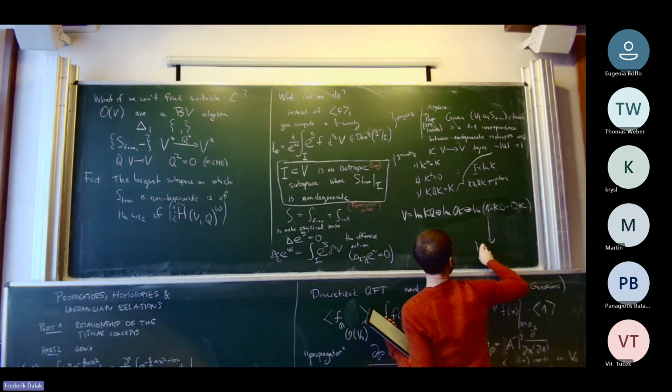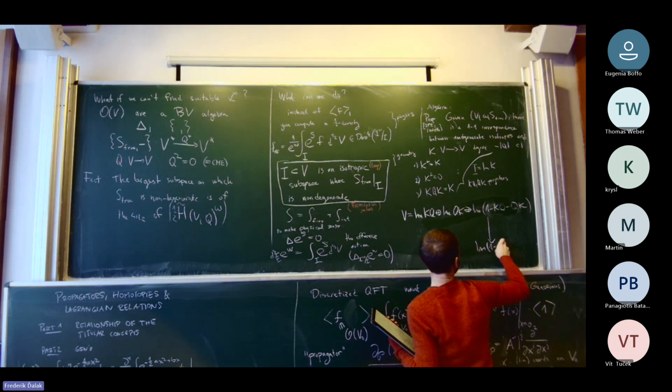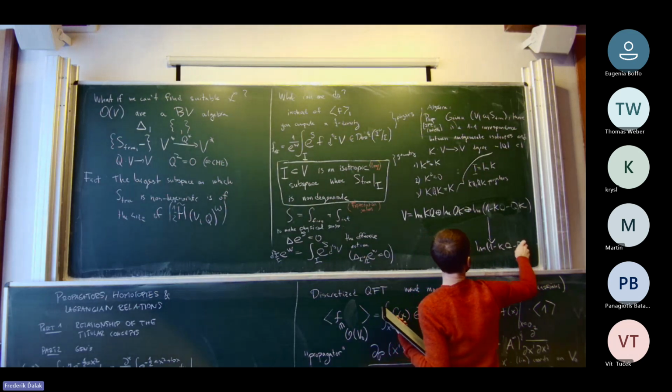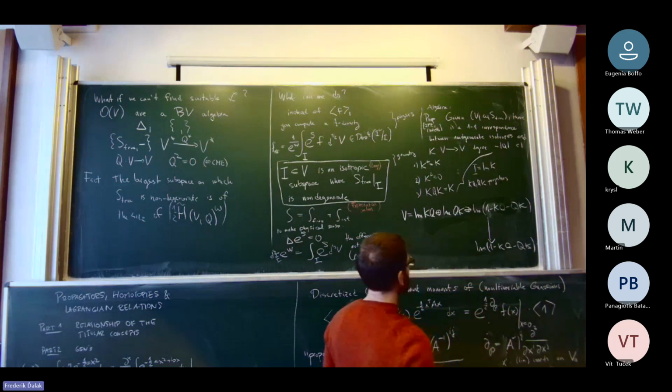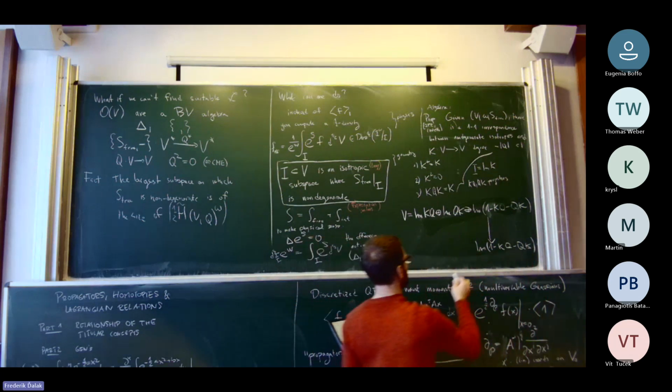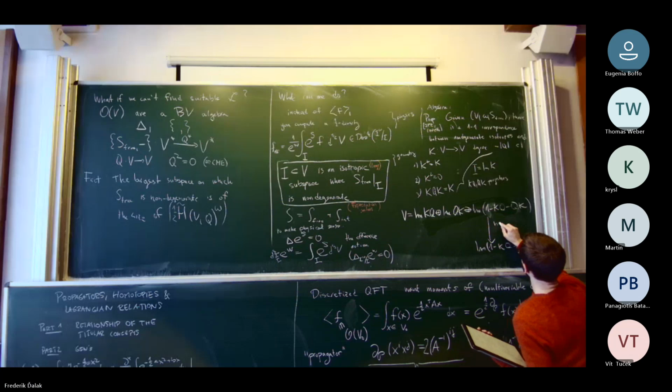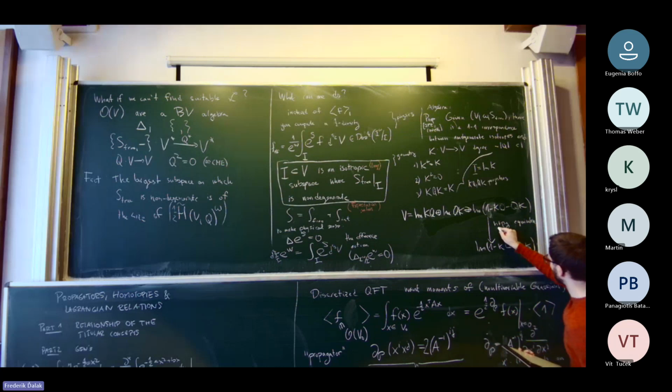You have a projection onto the image of 1 minus KQ minus QK. And this is a homotopy equivalence of chain complexes, even something stronger, what people call a special deformation retract.